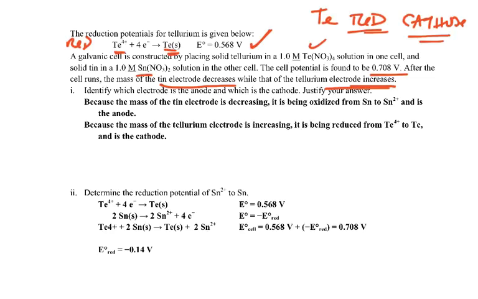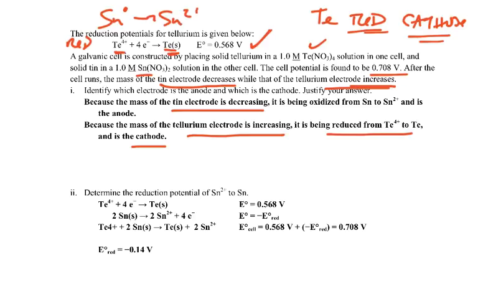Because the mass of the tellurium is increasing, it is being reduced, it's the cathode. And in the same way, the tin electrode is decreasing, which means that the tin metal is turning into tin ions, and so it is getting oxidized. So it is the anode, oxidation's anode.